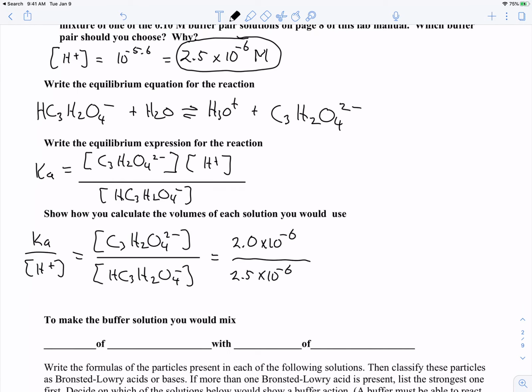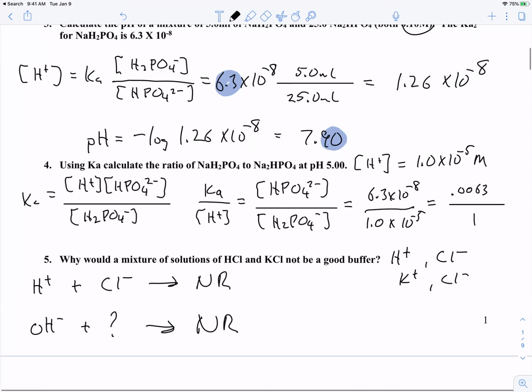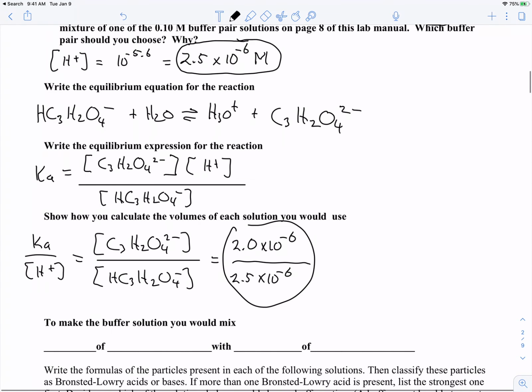And you can see they are much closer than what we had in our previous video, where we were off by exponents. Now we are going to have a ratio that's going to be close to 1. That's why we chose a Ka that was close to the hydrogen ion concentration we wanted. That's the key. So this equals 0.8 to 1.